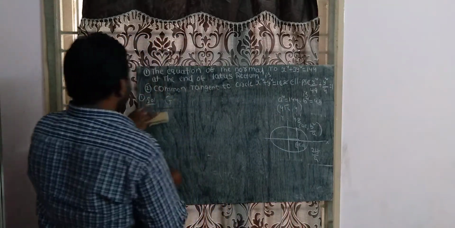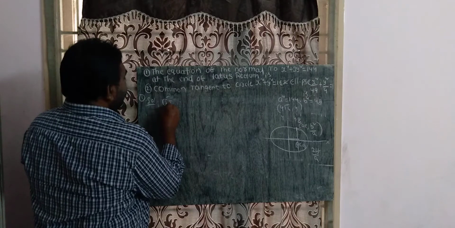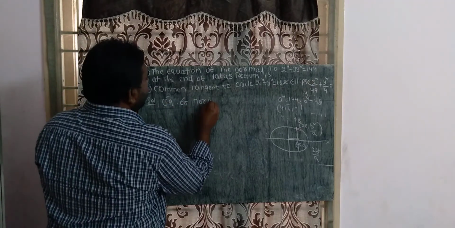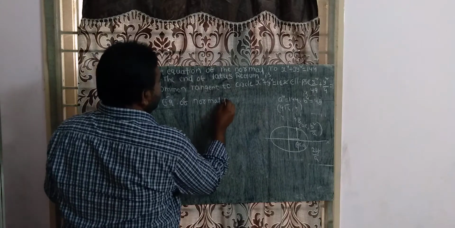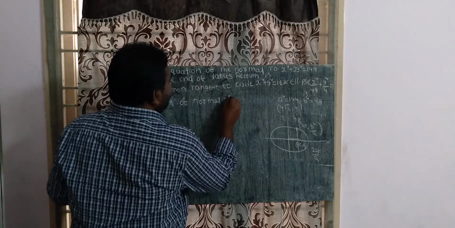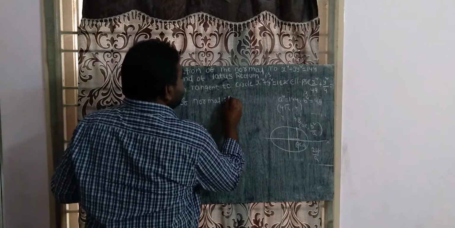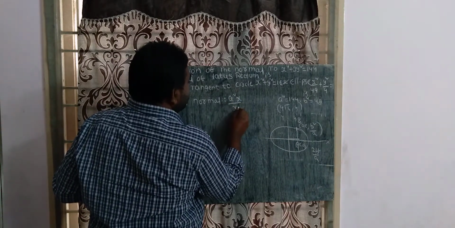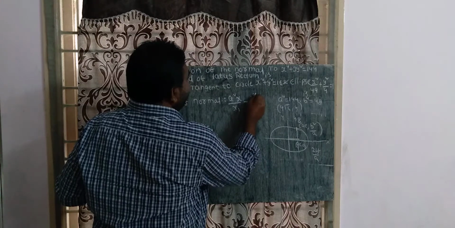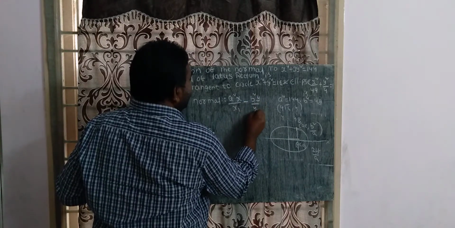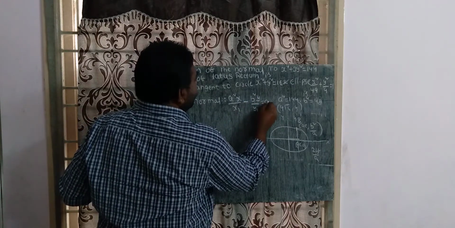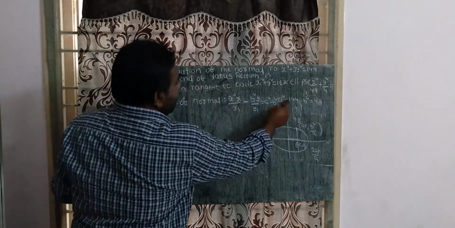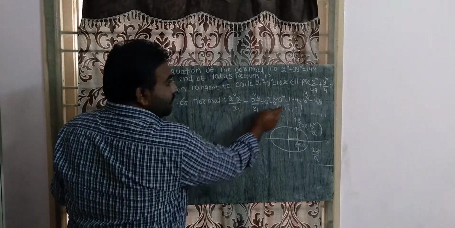So we take the equation of normal, that is a square x by x1 minus b square y by y1 is equal to a square minus b square. We take these values in the given result and we get the answer.